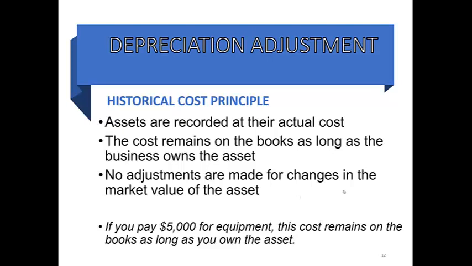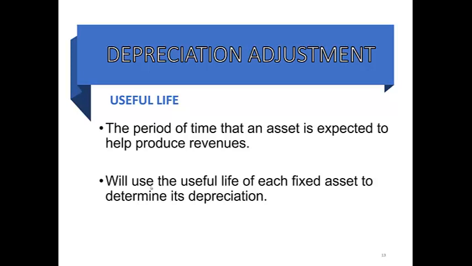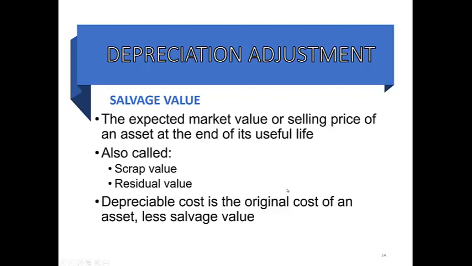To calculate an asset's depreciation, we must determine the asset's useful life. And that's just the period of time that an asset is expected to help produce revenues. We also need to determine the asset's salvage value, and that's just the expected value or selling price of an asset at the end of its useful life.